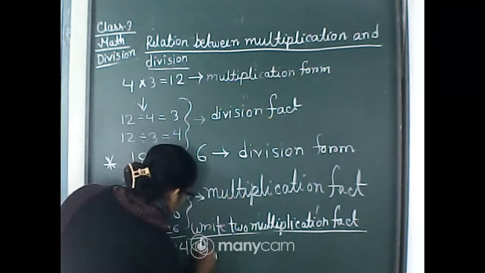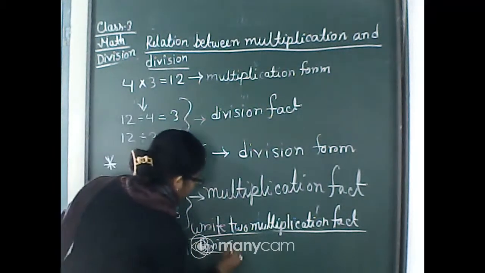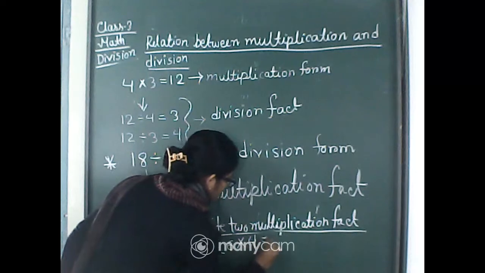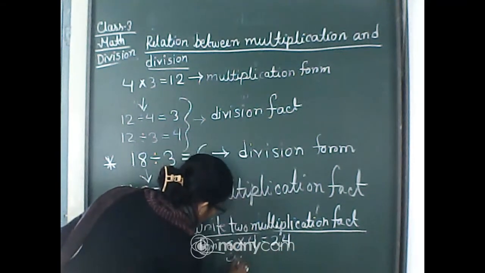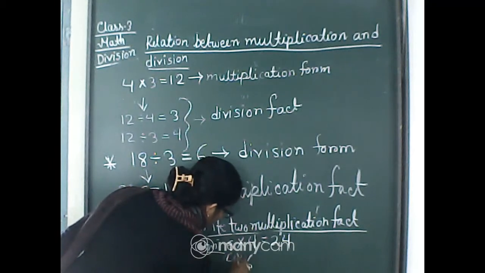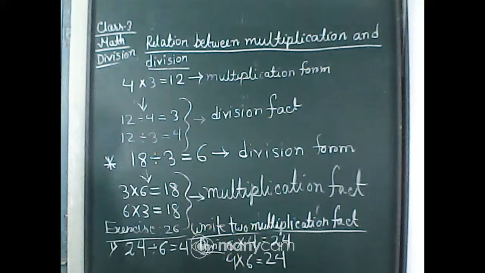Now the answer will be like this. We all know that 6 fours are 24, and also 4 sixes, 4 into 6, is equal to 24. Okay, so this is the multiplication fact of the division fact.